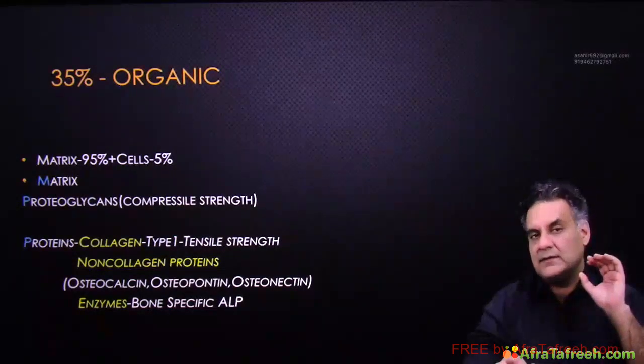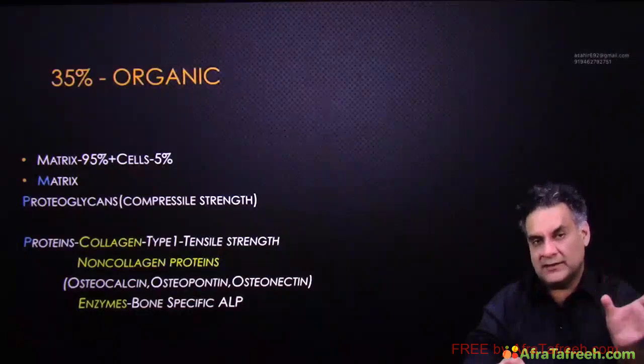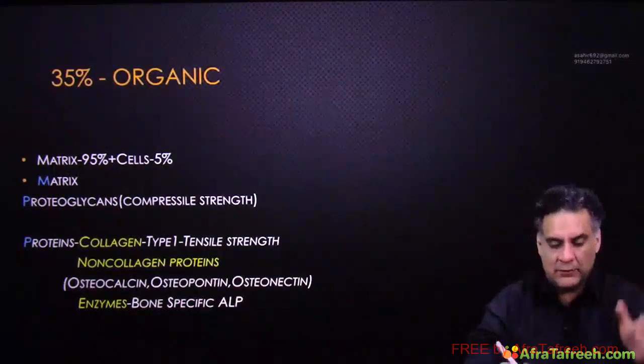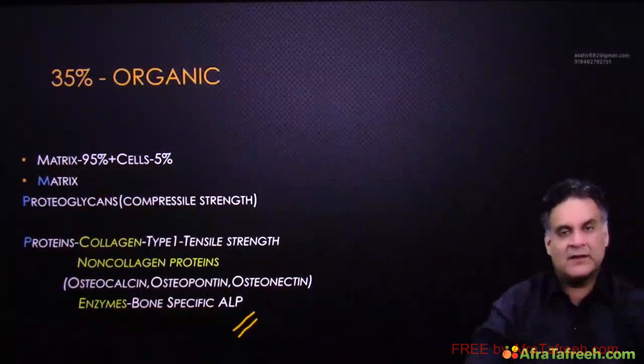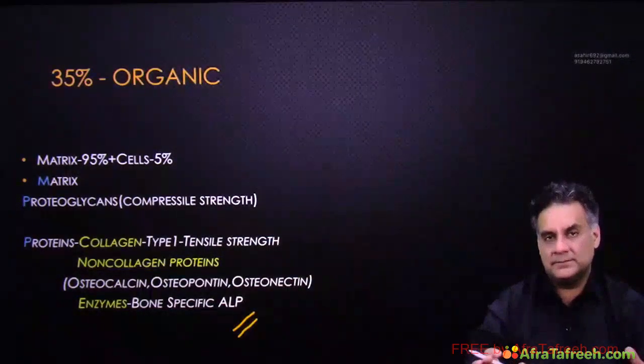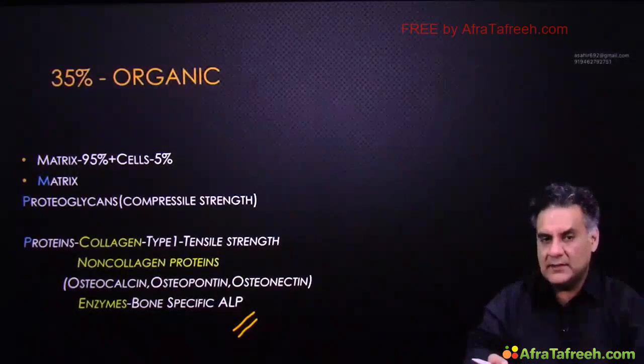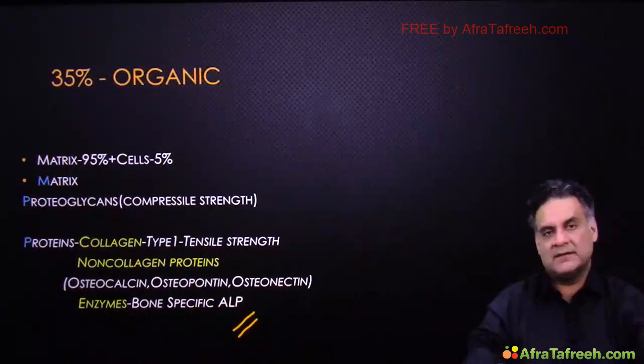These are bone formation markers. Osteocalcin is a very, very important bone formation marker. Another bone formation marker is bone-specific alkaline phosphatase. So type 1 collagen, tensile strength; proteoglycans, compressive strength.